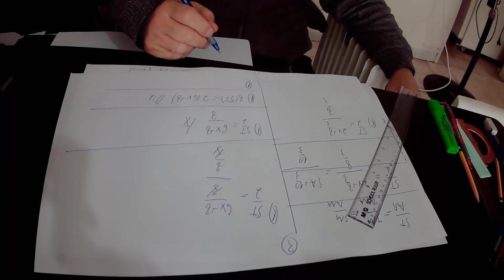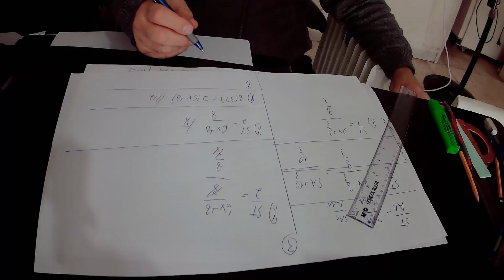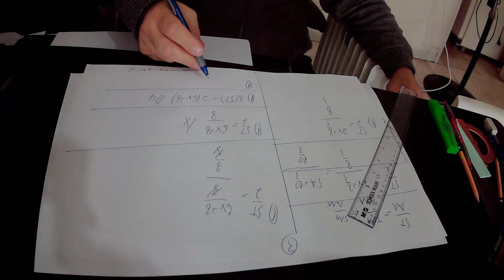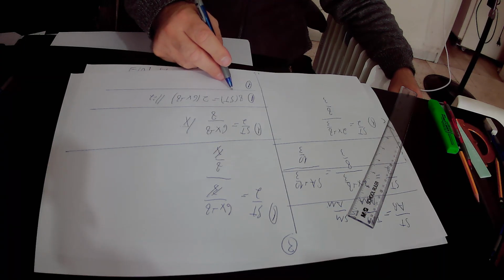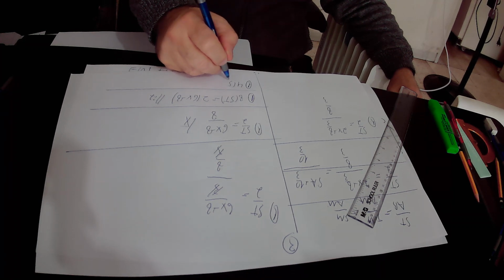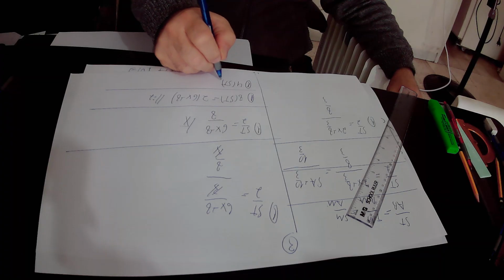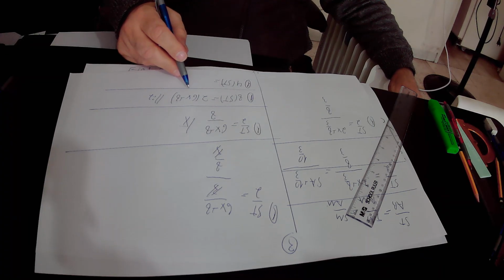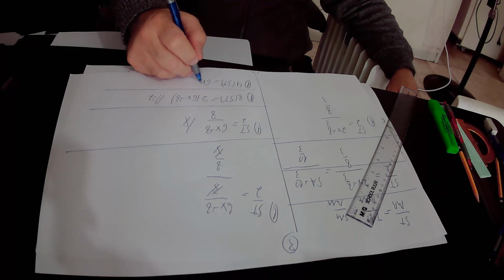So according to equation 1, 8 over 2 is 4, so on this side we have 4 times ST. On the other side, 2 over 2 is 1, so we are left only with 6x plus 8.